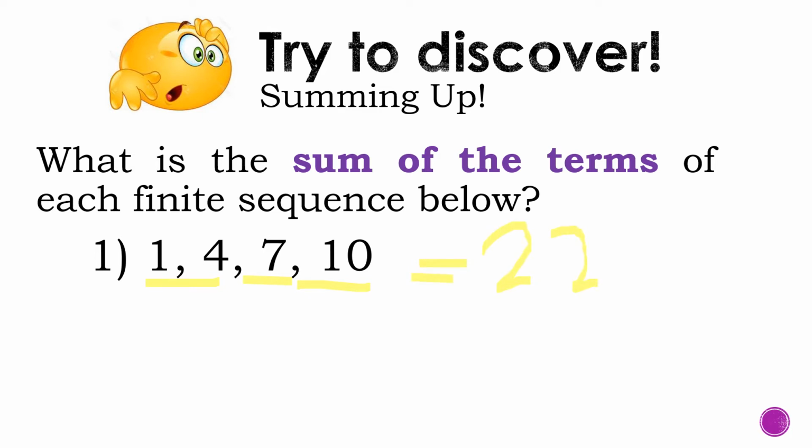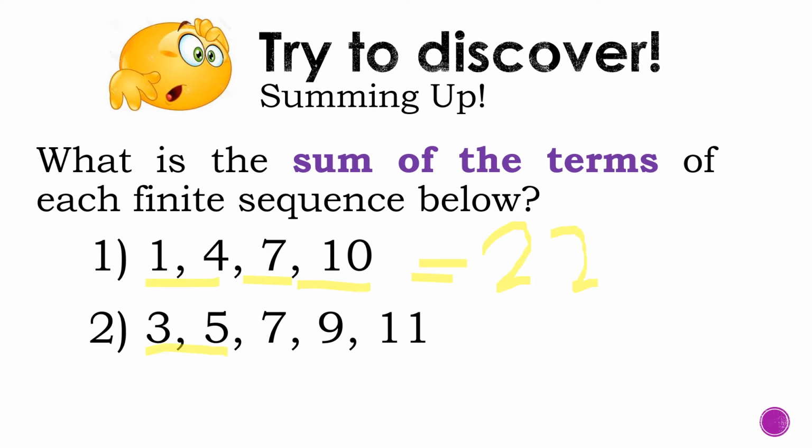Now, in problem number 2, sequence 3, 5, 7, 9, and 11. What is the sum of the terms? Now it's your turn. I want you to answer. Let's check your answers.